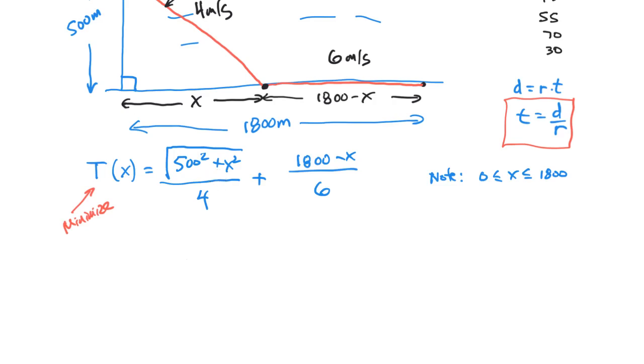But before we do this, because we're going to have to take the derivative to find the critical numbers, I'm just going to rewrite this in a way that'll make it easier to take the derivative. I'm going to write it like this. And this just makes taking the derivative easier. So we need to take the derivative of this, because when we set the derivative equal to 0 and solve, we'll get the critical numbers.